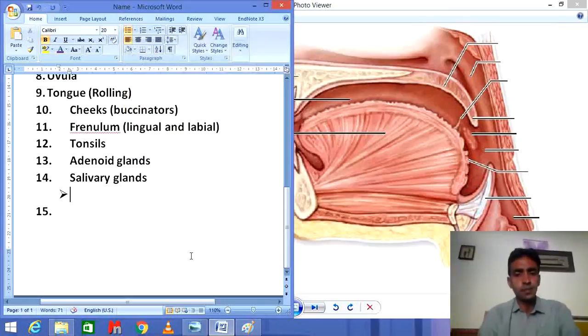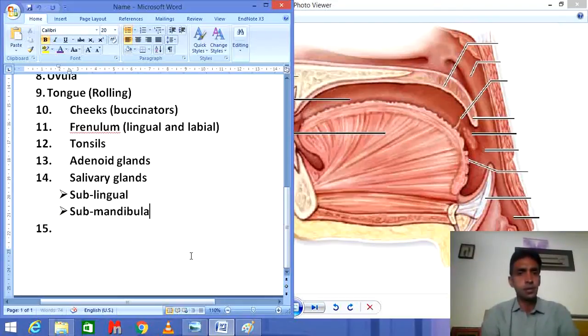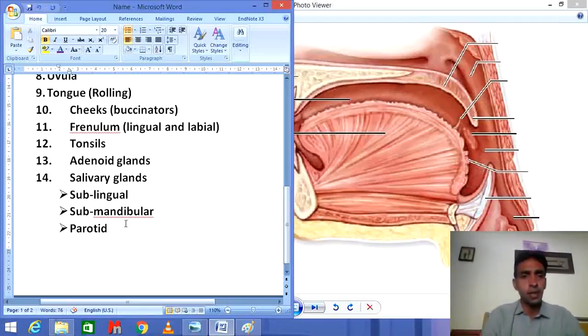One is the sublingual, the other is submandibular, and the third one is parotid salivary gland. Sublingual salivary gland, submandibular salivary gland, and parotid salivary gland.